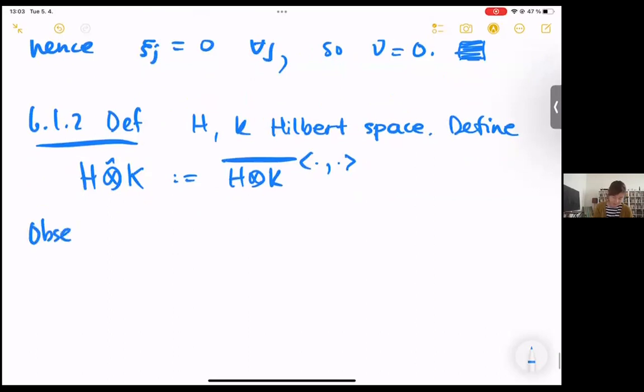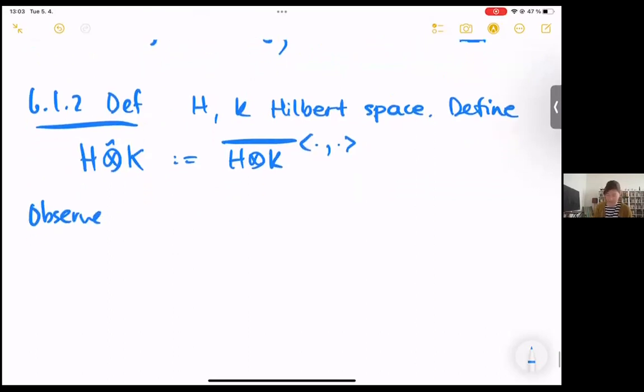And a useful observation, which we will use, is that the norm of such a simple tensor is just the norm in H of psi times the norm in K of eta.